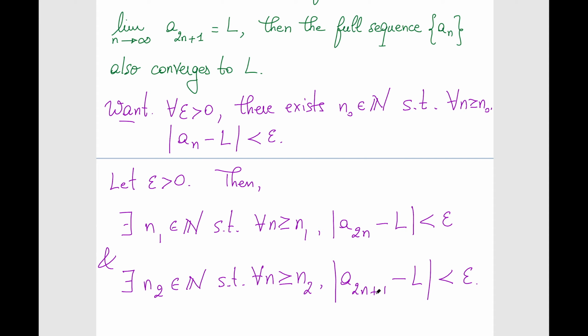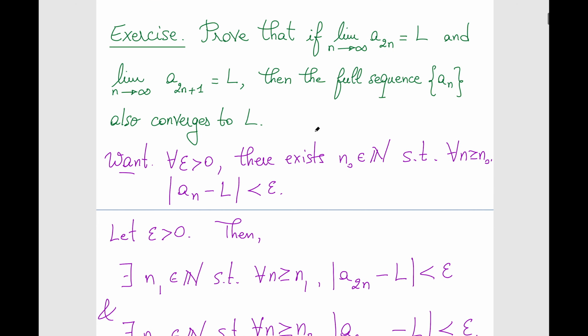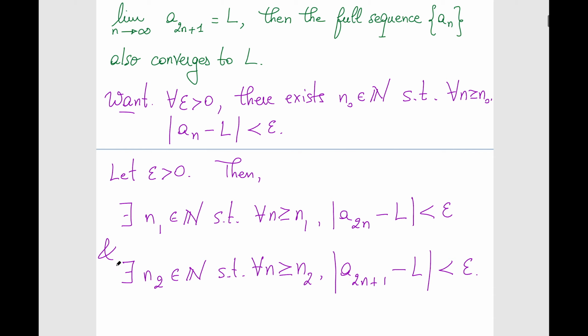This first statement holds because the limit of a_(2n) is L, and the second statement holds because the limit of the odd ranked terms is L.